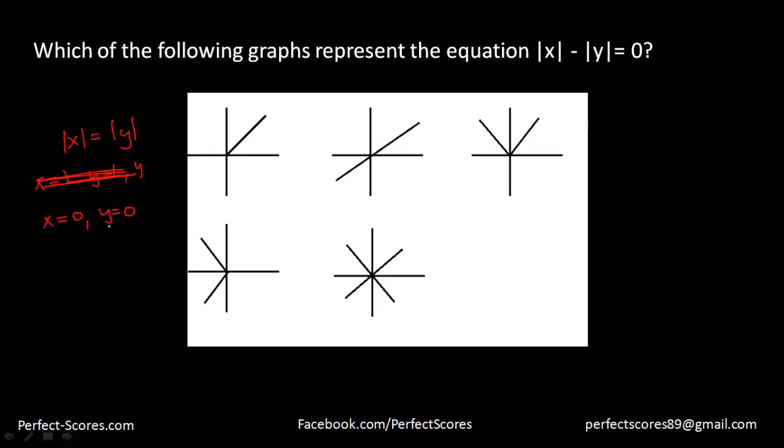That means it must pass through the origin, which is done by all the cases. When I say x is equal to 1, y can be positive 1 or y can be negative 1. That means as x equals 1, there must be two values of y, which is not here.